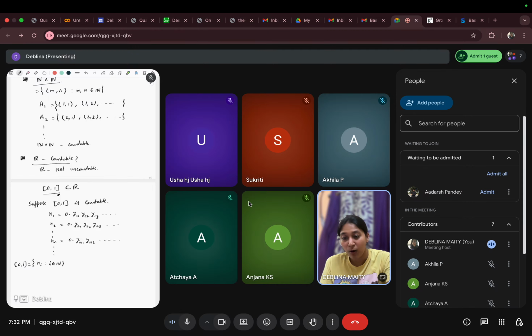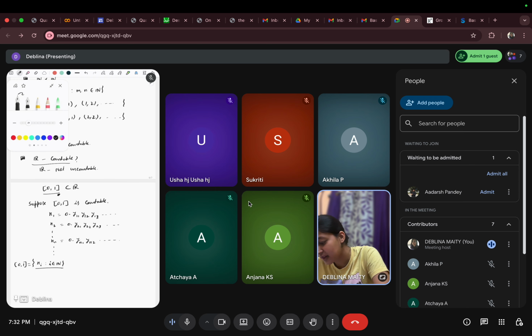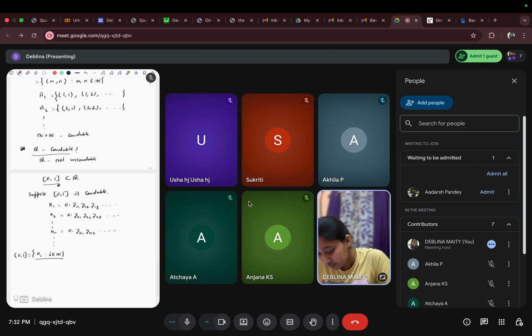Now we'll form a number in (0,1) which will not belong to this set of all the xi's. We'll call this a diagonal approach. So we'll form this x. How?